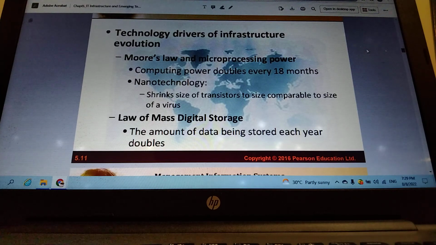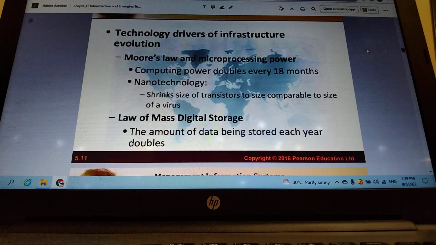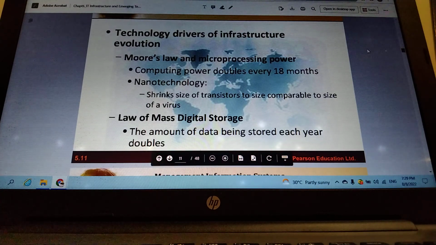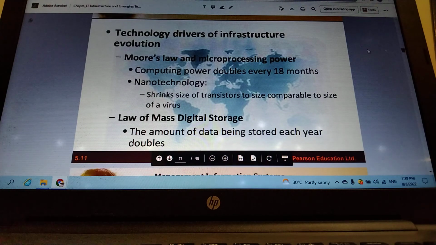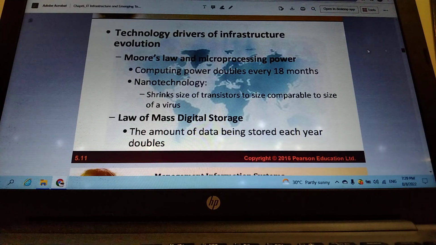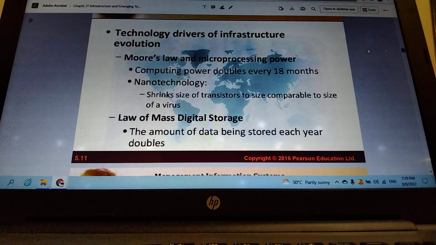What Moore's law is saying regarding microprocessing power is that computing power doubles every 18 months. It's a bit tedious to keep track of this, but this is what is happening in the real world, where the microprocessor power is doubling every 18 months.